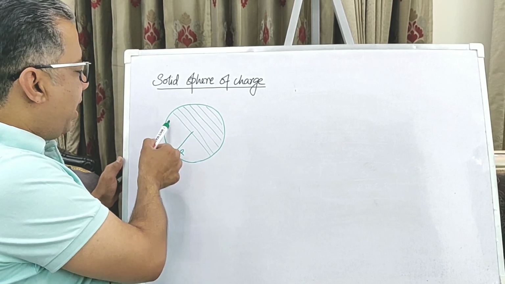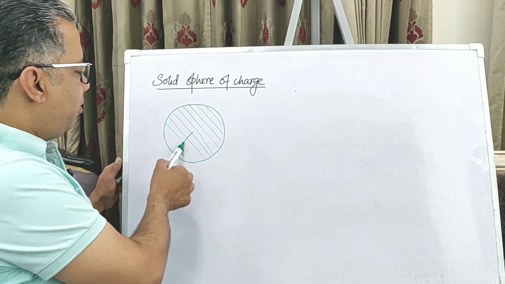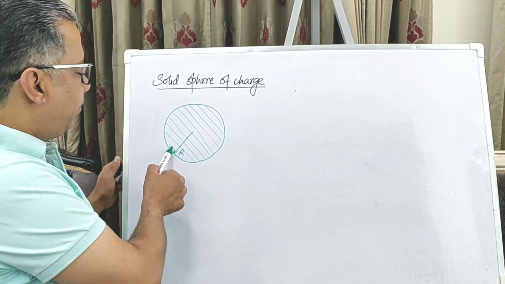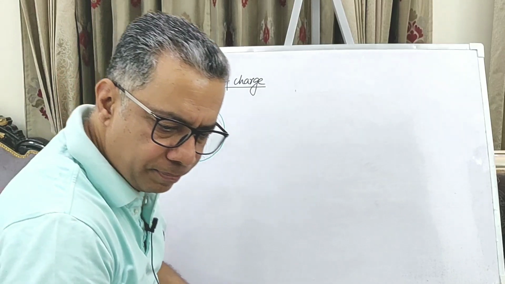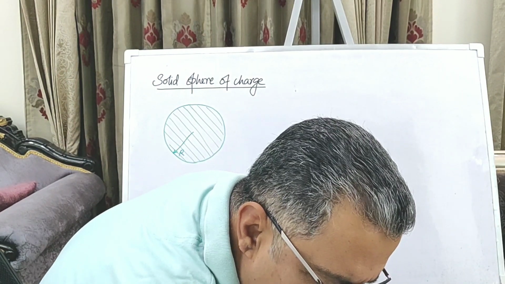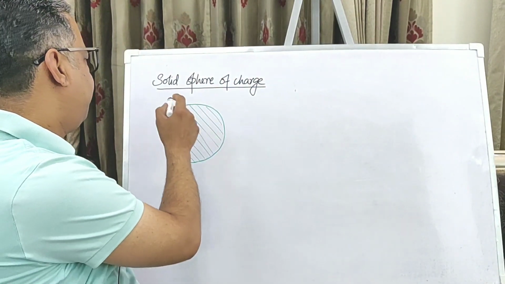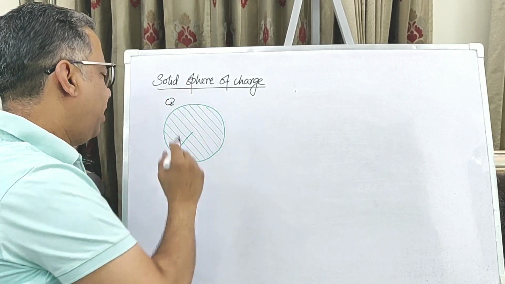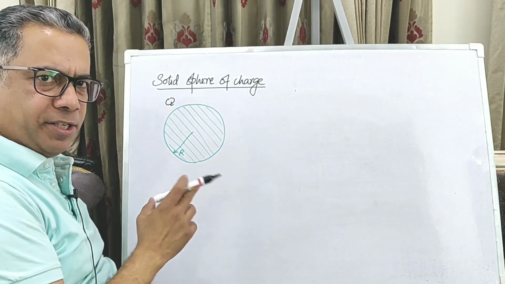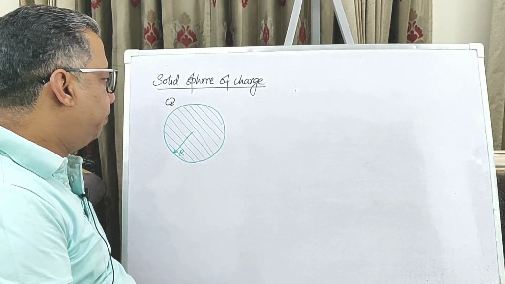So we now have charge distributed all over this body. The charge that the body carries is Q, and we are interested in calculating the self energy again.